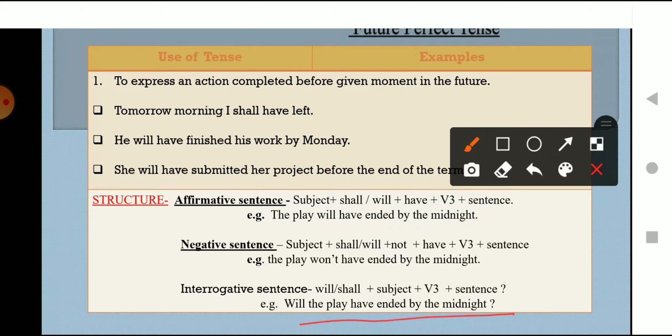So for the interrogative sentence, the structure is will or shall plus subject plus have plus the third form of the verb plus the remaining part of the sentence, and at the end we put a question mark. I hope the structures are clear to you, and also where we use the future perfect tense.